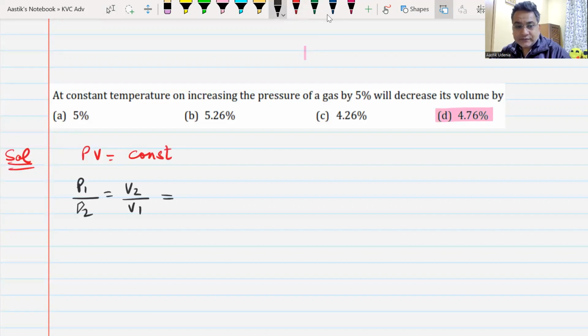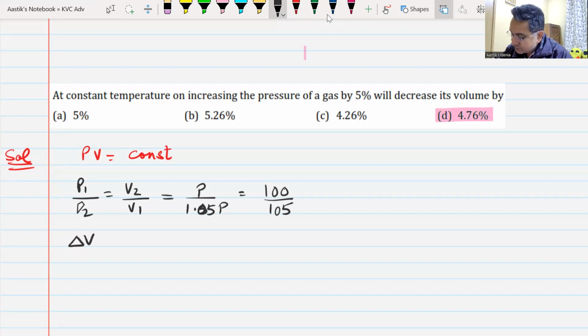So V2 by V1, pressure has been increased by 5%. So V2 by V1 becomes 100 divided by 105, yes or no? Change in volume upon original volume will become minus 5 upon 105, yes or no? Do you understand what I'm saying here?